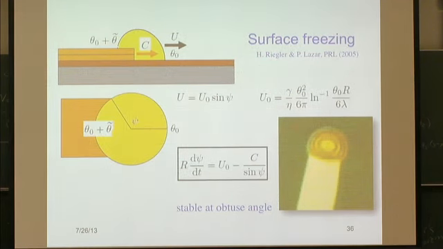And here is a nice experiment in Potsdam, at the Colloid and Interface Institute. It is an experiment on a silicon wafer, which is very smooth and which is covered by an adsorbed layer of alkane.